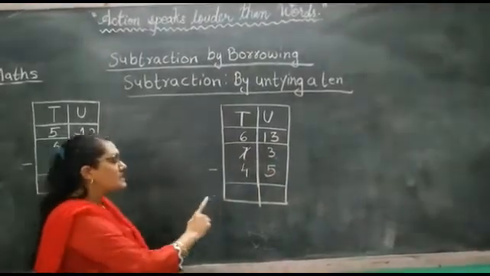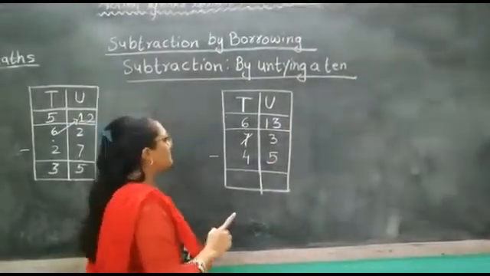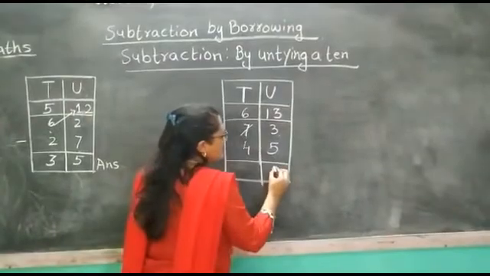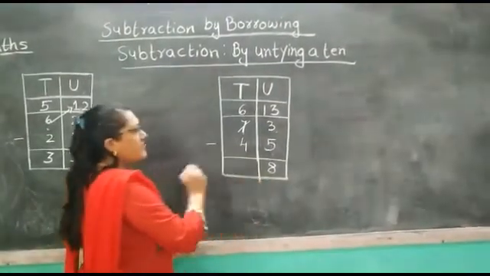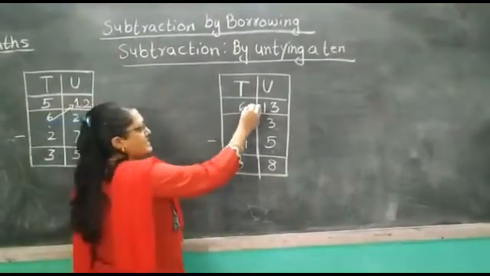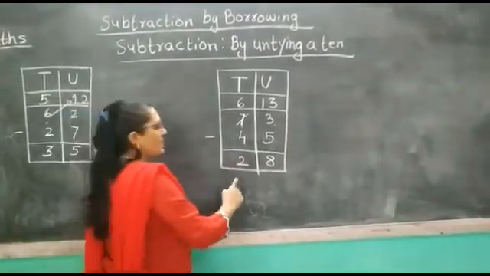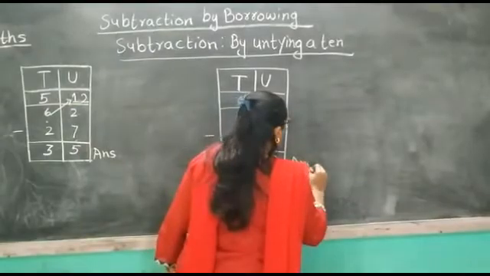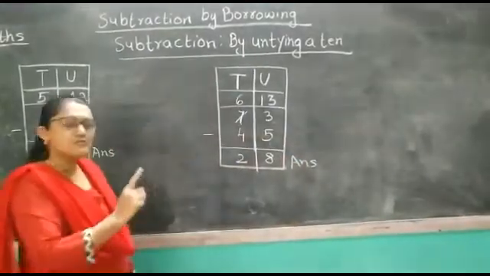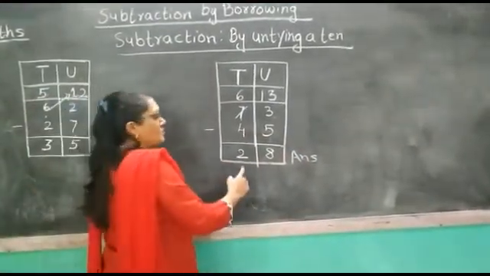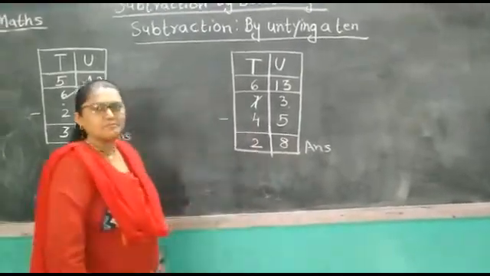Now 13 minus 5. What will be the answer? 8. 8 will be your answer. And 6 minus 4, 2. So your answer is 28. So 73 minus 45 is equal to 28.